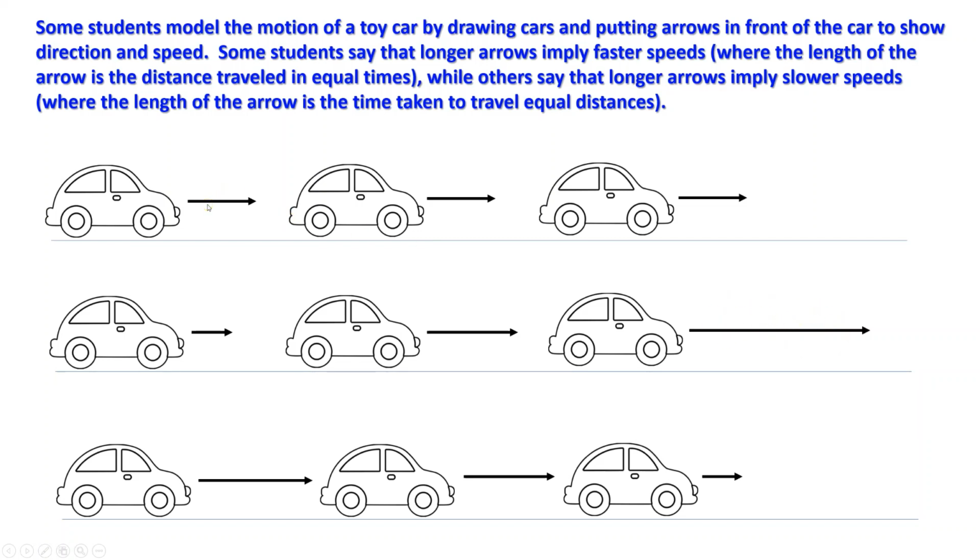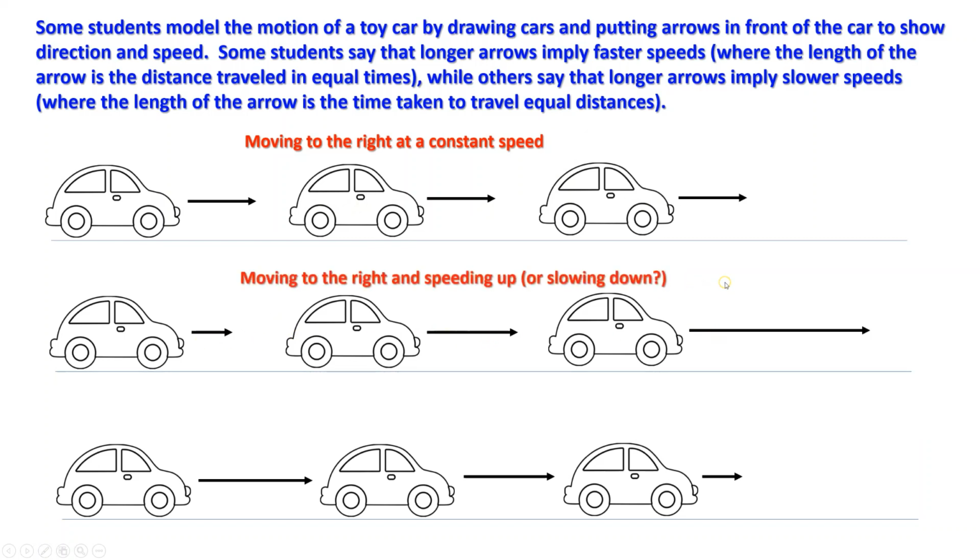In our first row, we see depictions of 3 cars with arrows of equal length. This implies the car is moving to the right at a constant speed. In the next row, the arrows get longer as we go to the right. This would imply that the car is speeding up while moving to the right, or it might imply the car is slowing down if those arrows represent time.